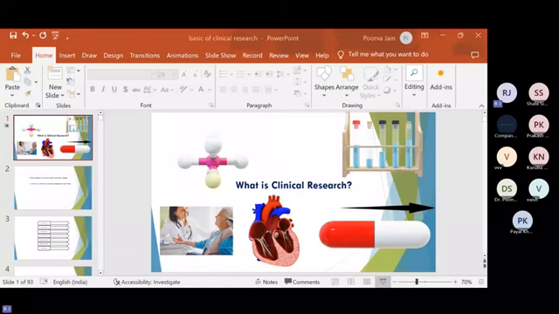The third one is diagnostic research. In diagnostic research, we try to identify various ways to diagnose any particular disease. Screening research: we try to identify various ways to screen subjects, for example, various ways to screen cervical cancer in women. Quality of life research: we try to identify ways to improve quality of life.